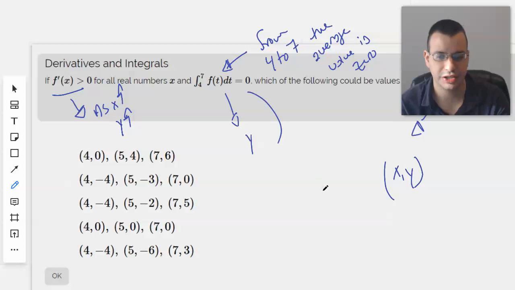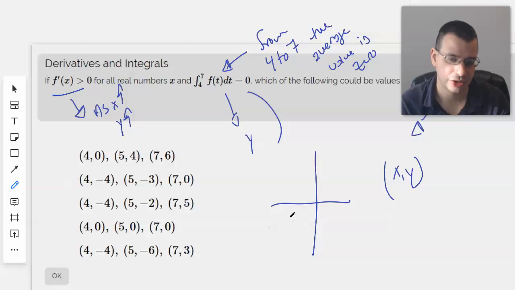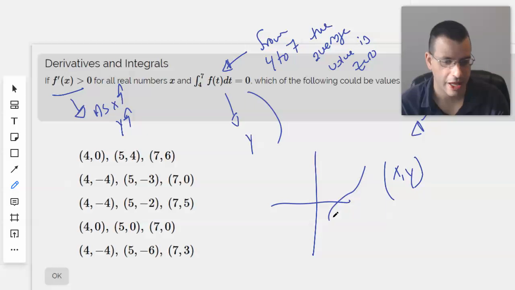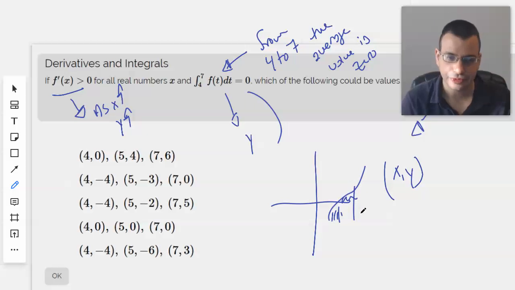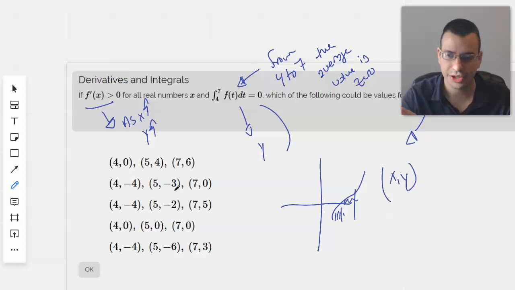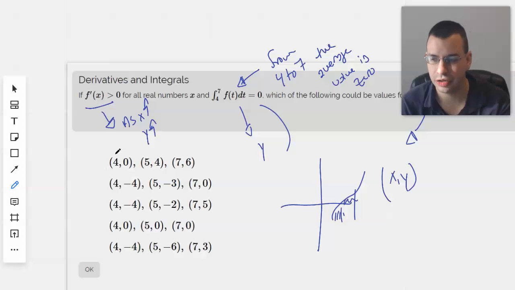So if you think of this, this might be like a graph. Maybe something like this, where it always goes up, and there's enough below the 0 and enough above 0 so they exactly cancel out. So they give you 2 data points, and then, so here, this is x, this is y.